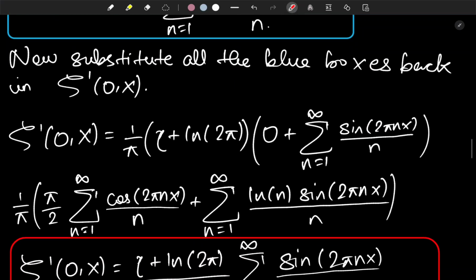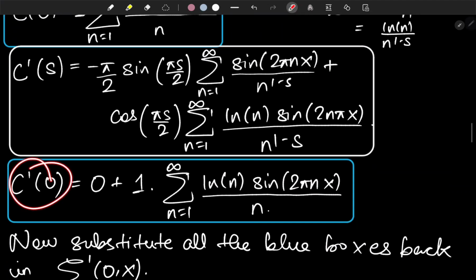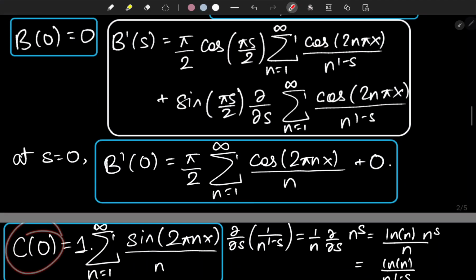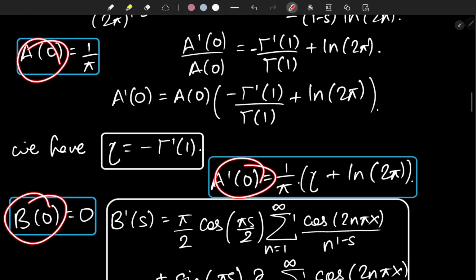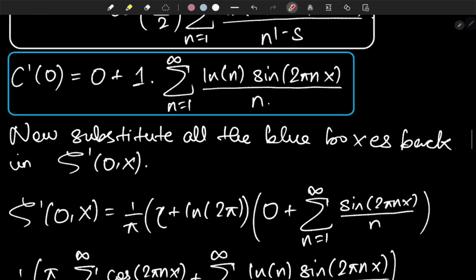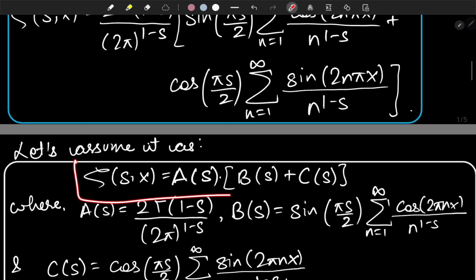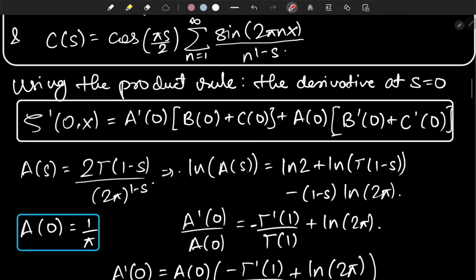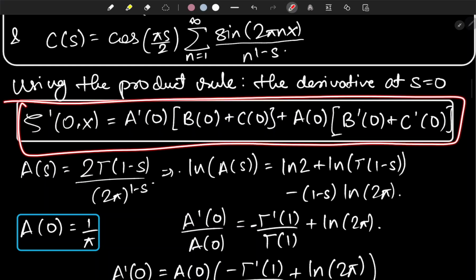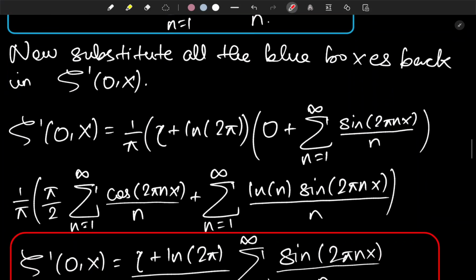Now let's substitute back all these things, c dash of 0, c of 0, b dash of 0, b of 0, a dash of 0, and a of 0, into the equation which we had assumed earlier. So let's substitute back.